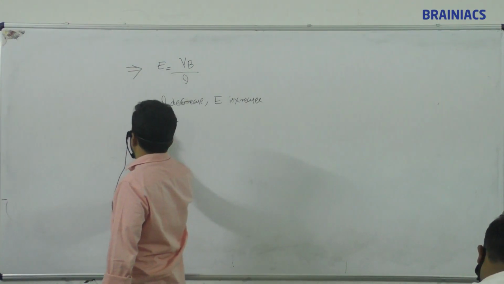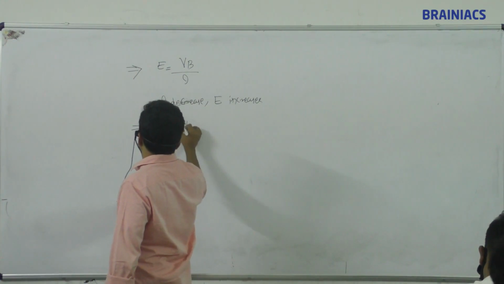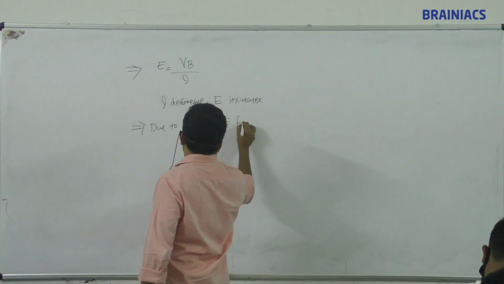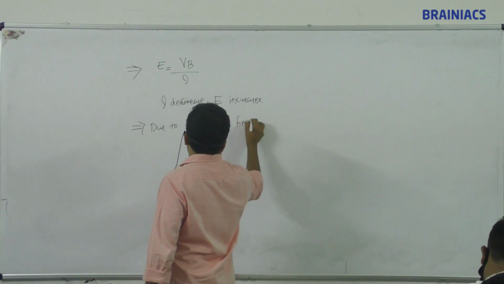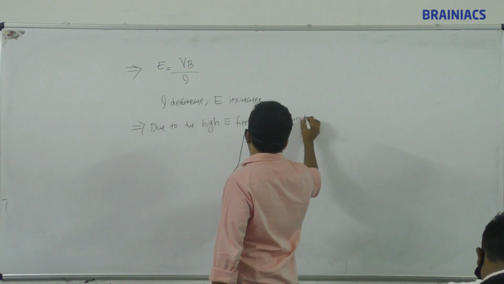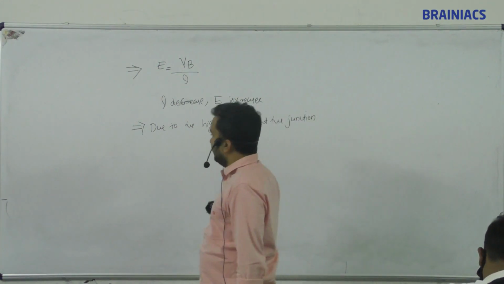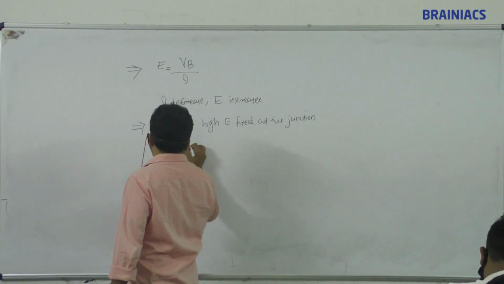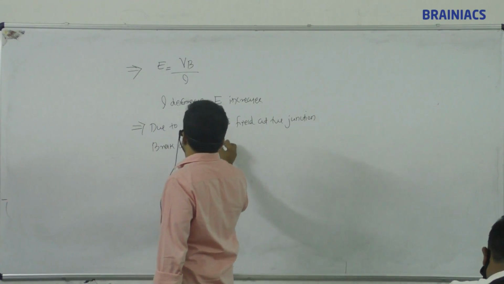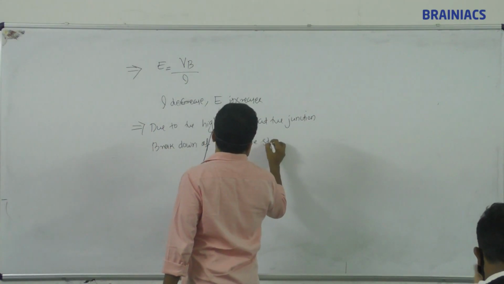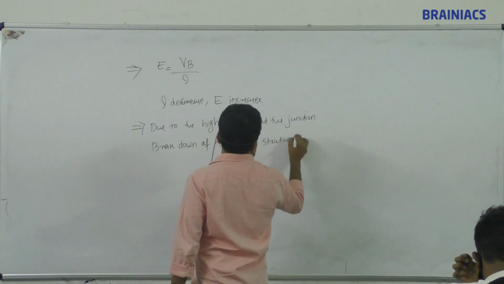The electric field increases. So next point, due to the high electric field at the junction, breakdown of the lattice structure happens.